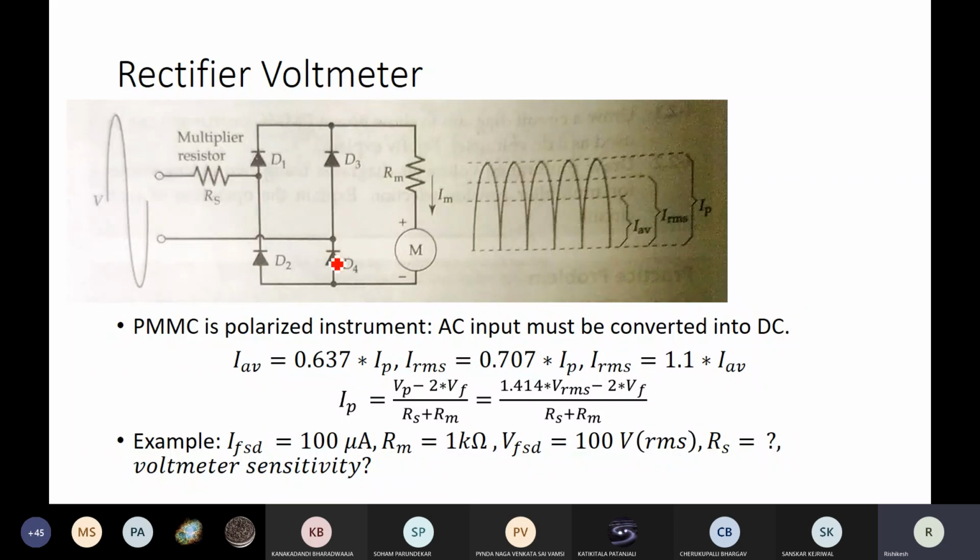Let us first look at the working principle of this rectifier voltmeter. This portion, the PMMC meter, remains the same, whereas the previous portion is slightly different. Remember, is our PMMC instrument polarized or non-polarized?